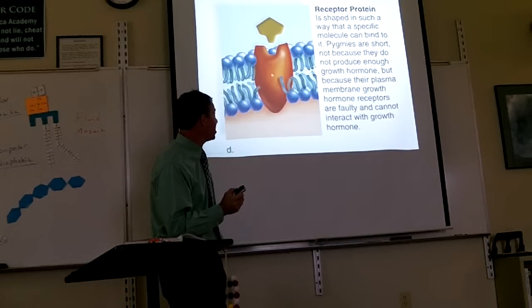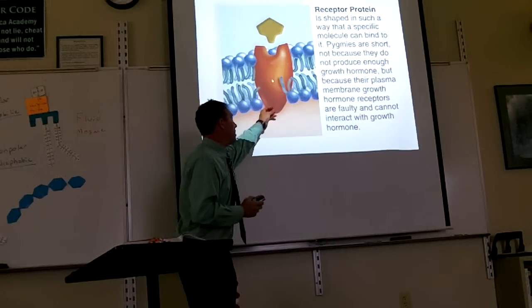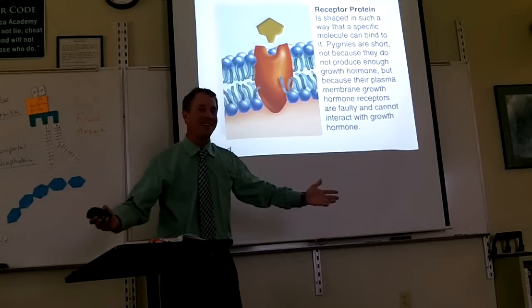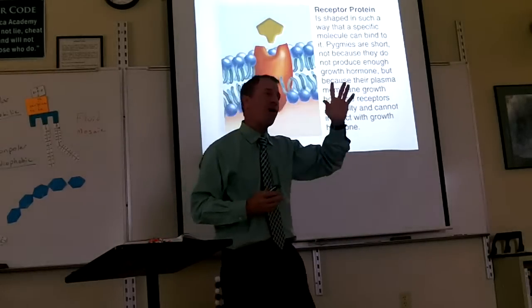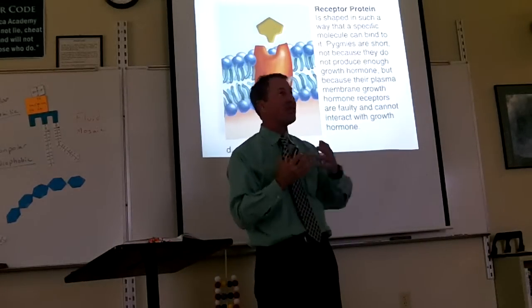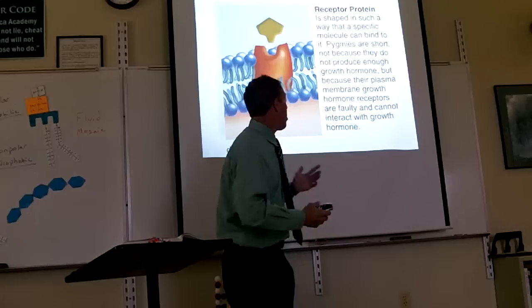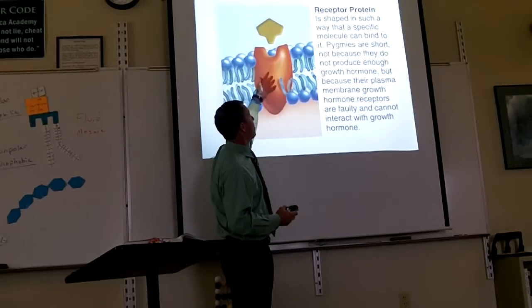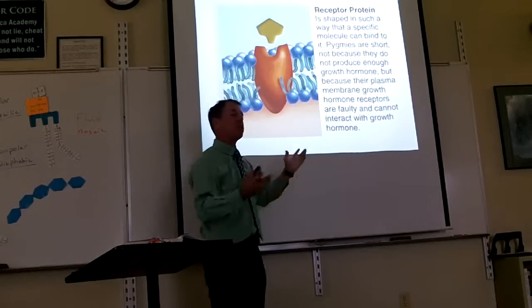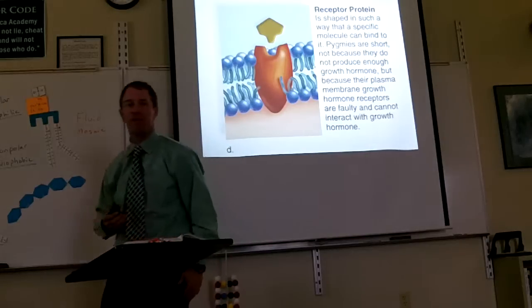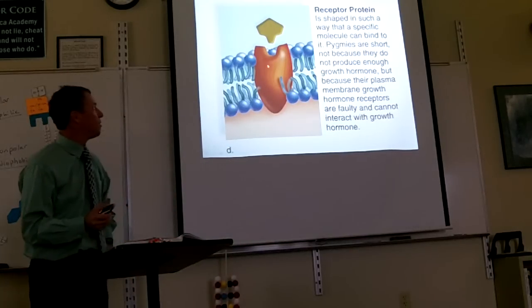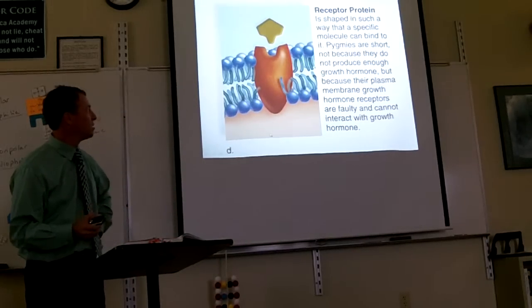And when it attaches to this protein, it causes the cell to multiply. If you aren't excreting enough growth hormone, your cells won't capture it and won't multiply. Or, if this protein's shaped incorrectly, you won't capture it, your cells won't multiply, and you'll be stuck real short, like a midget or a dwarf. They have a problem with their receptor proteins.